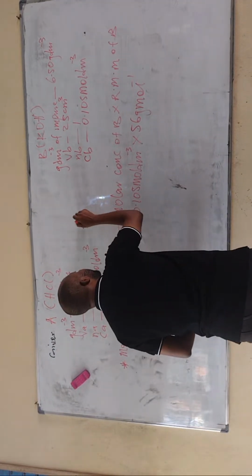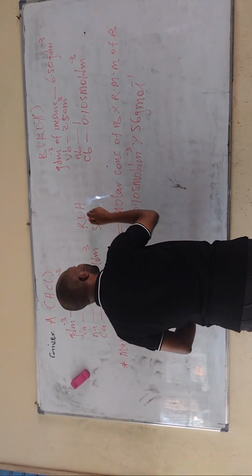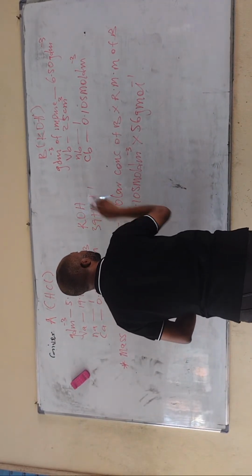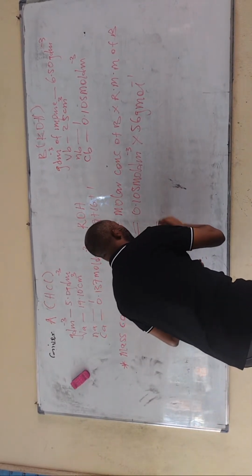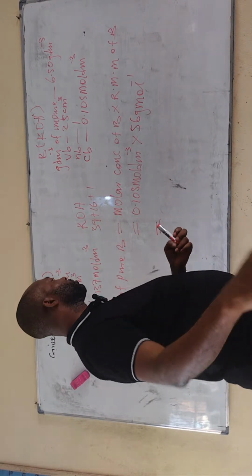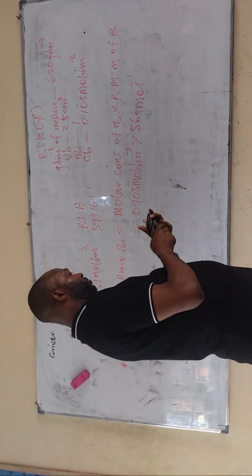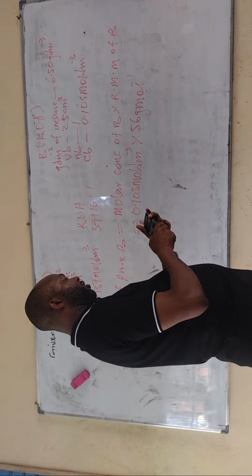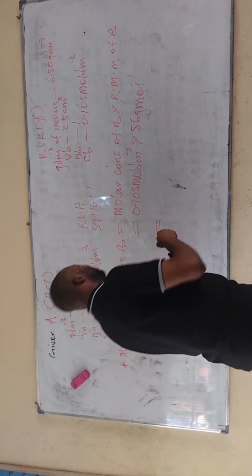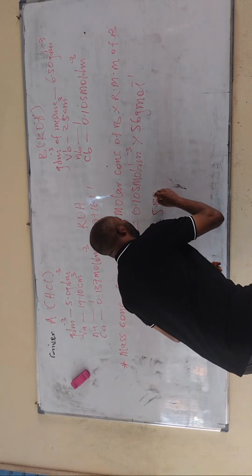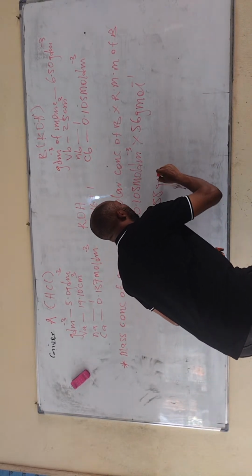Remember, we have KOH: 39 plus 16 plus 1. This is 56. Okay. There we go. Now we have 0.105 times 56 is equal to 5.88 g per mole.